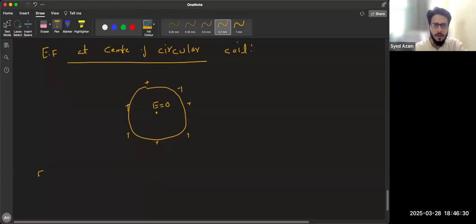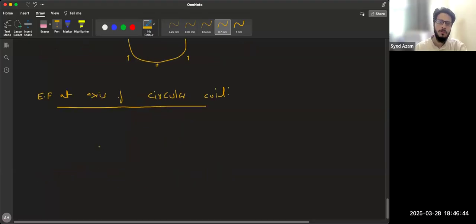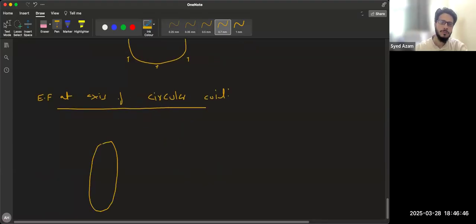Now there is another topic which says electric field at axis of a circular coil. Now if you take a circular coil, over the circular coil the distributed charge is Q, the radius of the coil is R, and you're supposed to calculate field at a point on the axis.